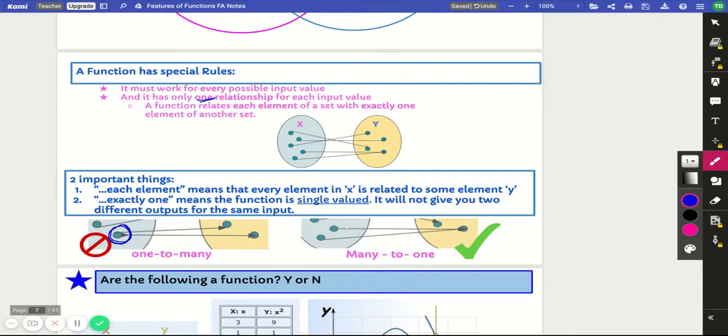This is a function if I have two different inputs with the same output. That can happen, but you cannot put the same input in and get two different outputs. You can only get one output for an input.